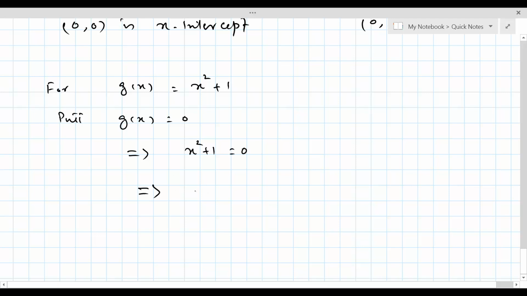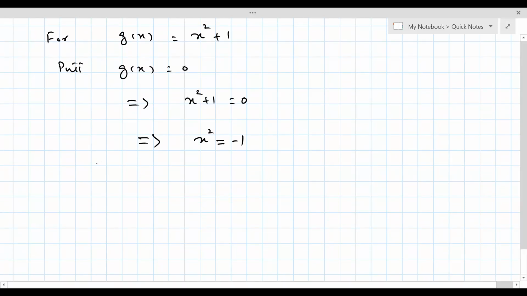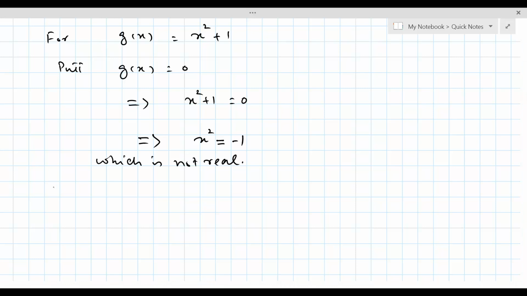This means x square is equal to minus 1, which is not real. The reason is that for any real number, the square is always positive. It is never negative. So there is no x-intercept.